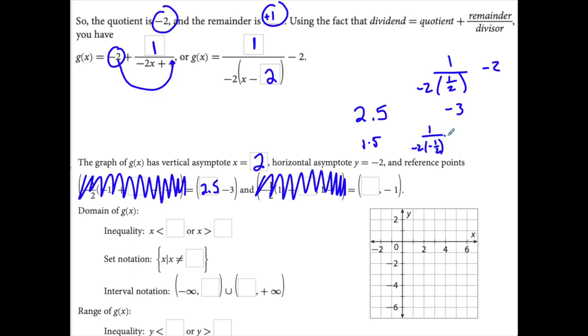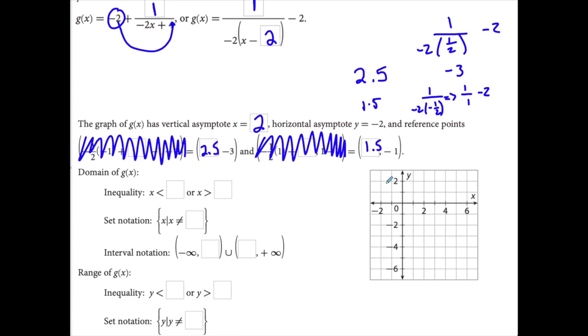Negative 2 times negative 1/2 is 1. And so what I get is 1 over 1, minus 2, which is negative 1. So I get 1.5 and negative 1. All right. So those are going to be my reference points here.